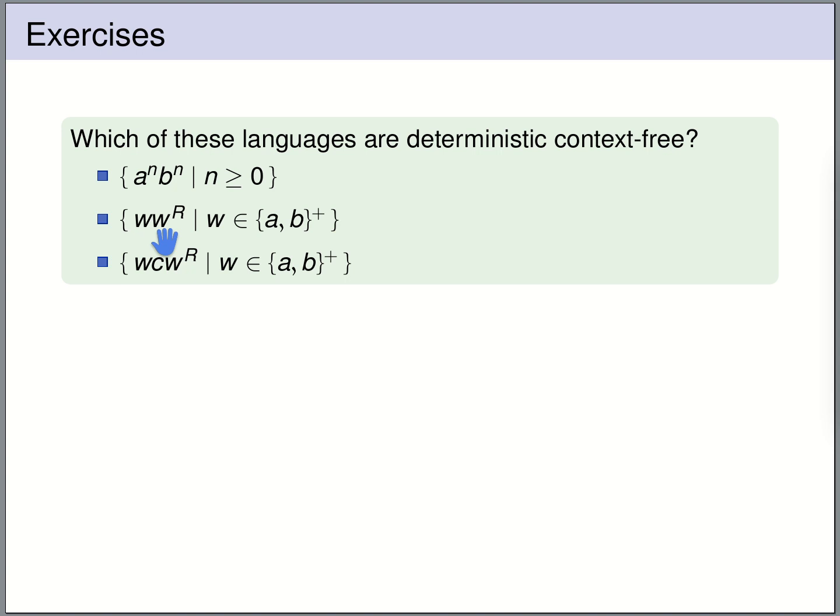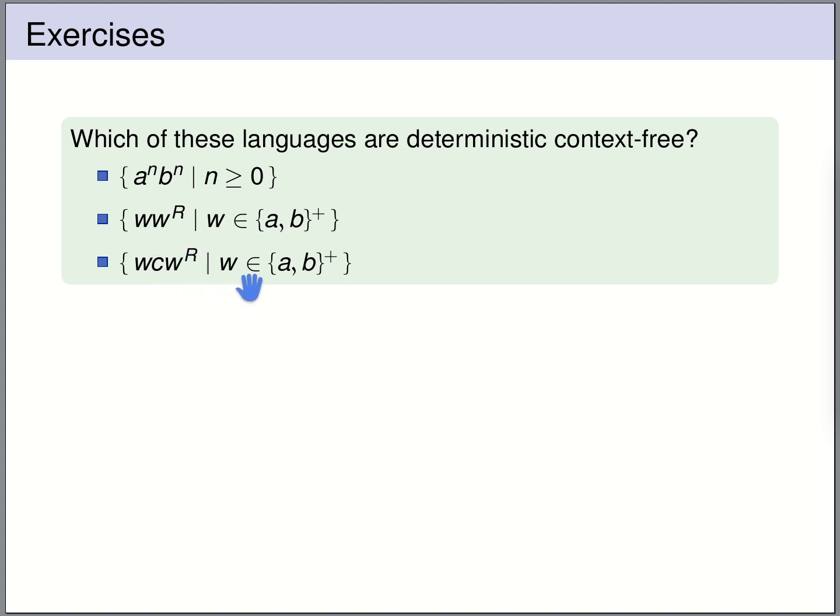A pushdown automaton reads this word from left to right, and the pushdown automaton doesn't know where the middle of this word is. It just sees a's and b's, and it cannot know when to switch from w to w reverse. So it doesn't know when to switch from pushing elements onto the stack to popping elements from the stack. So for this language, it's indeed not possible to create a deterministic pushdown automaton.